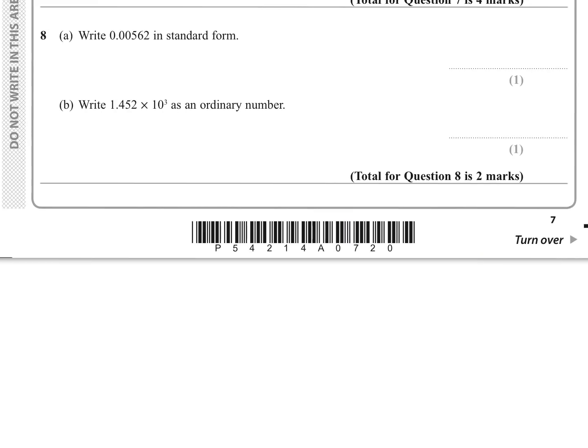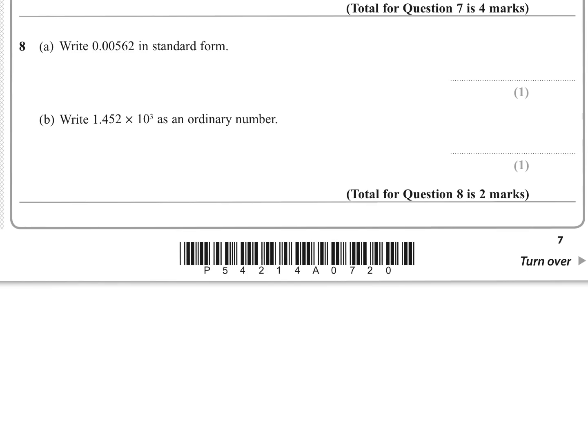Question 8, we have to write 0.00562 in standard form. Well, we look for the number between 1 and 10, and that's 5.62. And we say to ourselves, has 5.62 been made larger or smaller?